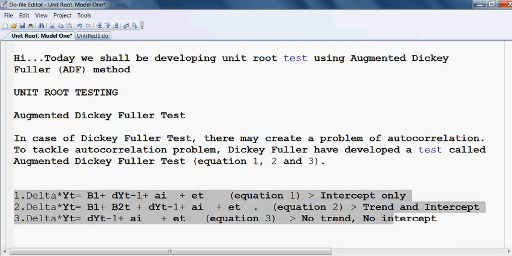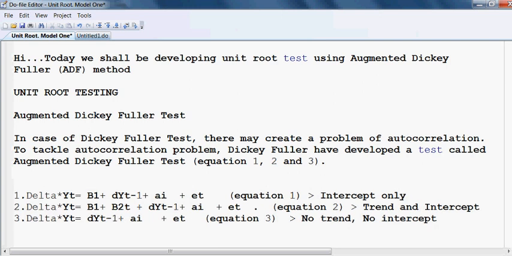You can see from here. The first model has only intercept, and the second Dickey-Fuller model has trend and intercept, and the third Dickey-Fuller model has no trend and no intercept.